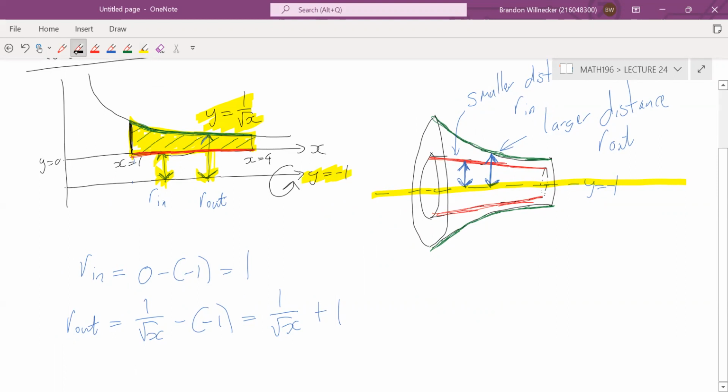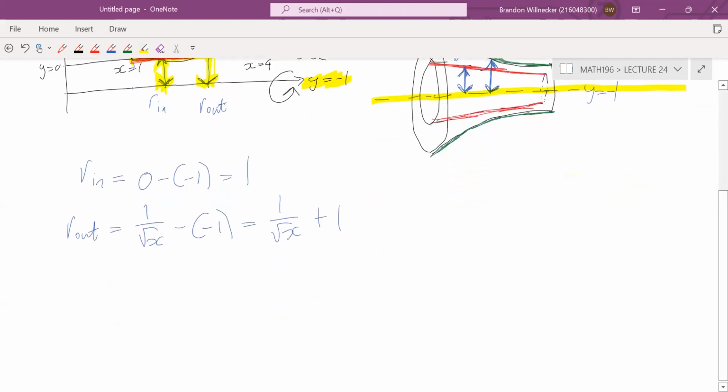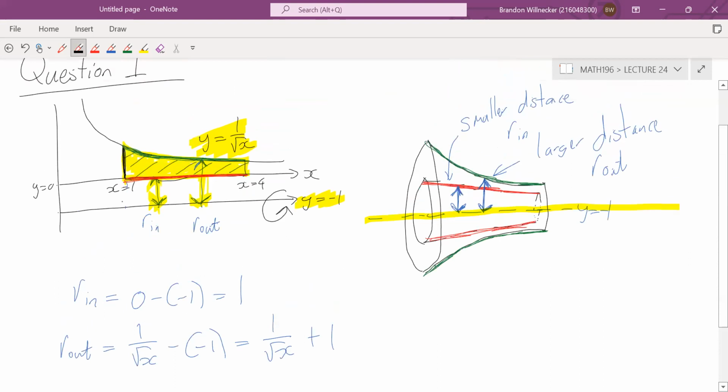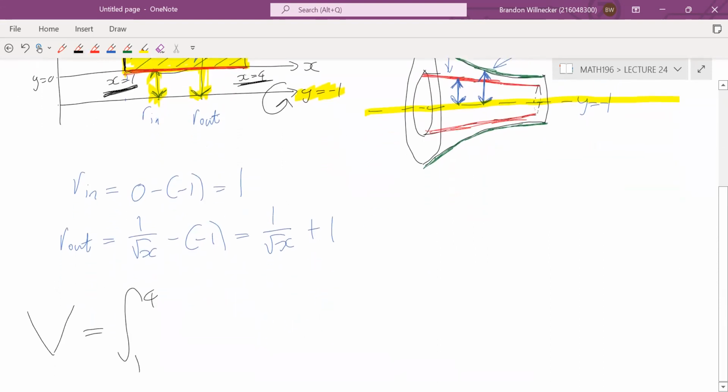So we've got the inner radius and the outer radius. We can now substitute using the washer method. The volume is going to be the integral from 1 to 4, because we're going from x equals 1 to x equals 4, of pi times r out squared minus r in squared dx.